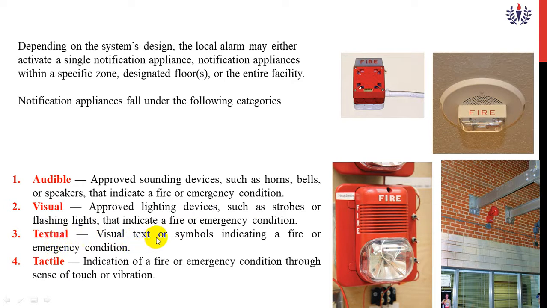Textual means visual text or symbols indicating fire or emergency condition. Fourth one, tactile. Tactile means indication of a fire or emergency condition through the sense of touch or vibration. So there are four types of outputs we are going to extract from the notification appliances: audible, visual, textual, and tactile.